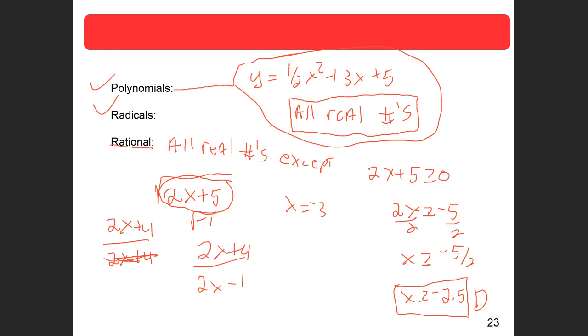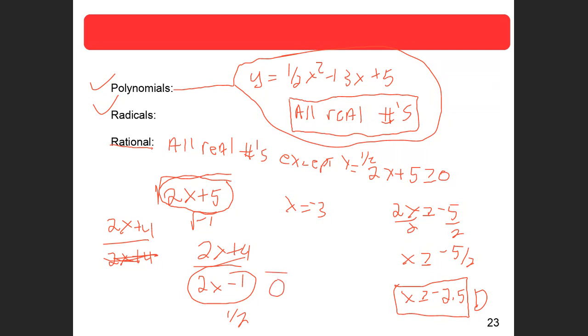What makes the denominator equal to 0 in this problem? 1/2. So it's all real numbers except when x equals 1/2. You can't put 1/2 in there because if you put 1/2 in here, 2 times 1/2 is 1. 1 minus 1 is 0. You cannot divide by 0.